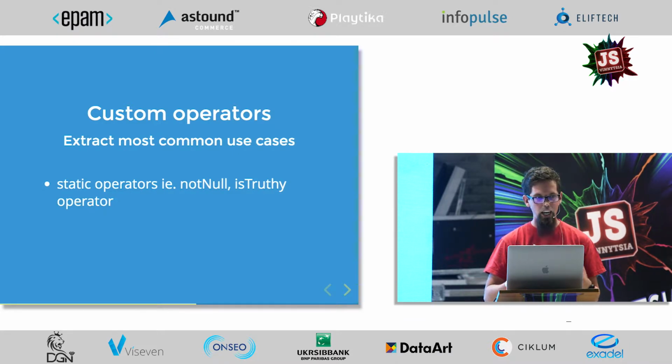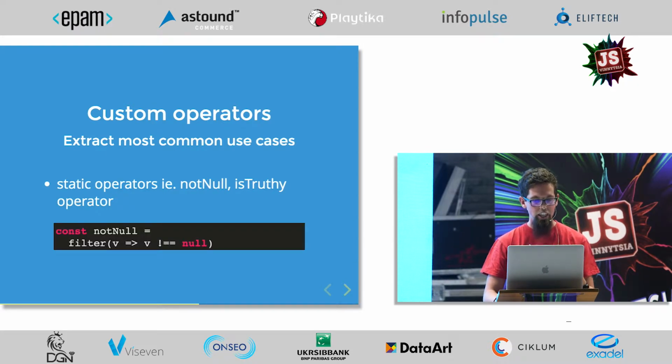It can be cumbersome to always type filter and provide it with a predicate, value is not null, or negating the value twice to see that it is truthy. So we can create custom operators to make it more clear in our code base. We can create a not null operator, just assigning a filter to it, because filter is already an operator, so we know that it works out of the box.